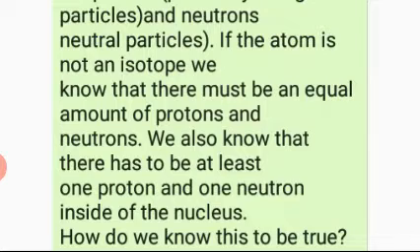No isotope means the 2 neutrons are fixed. We also know that there has to be at least 1 proton and 1 neutron inside the nucleus. In the hydrogen atom, there is 1 electron and 1 proton, no neutron. Deuterium has 1 neutron.